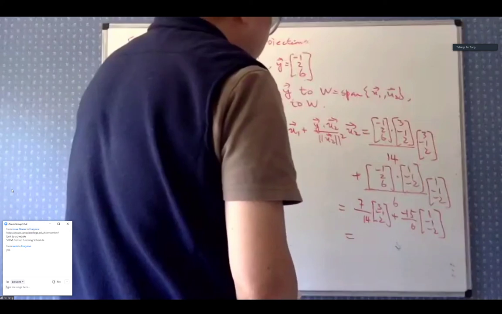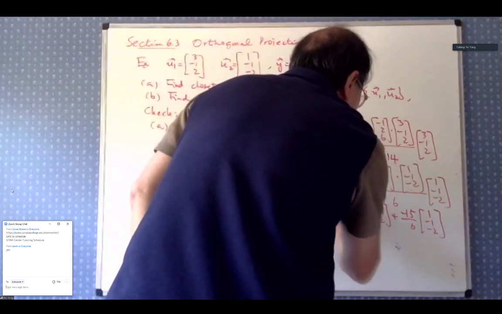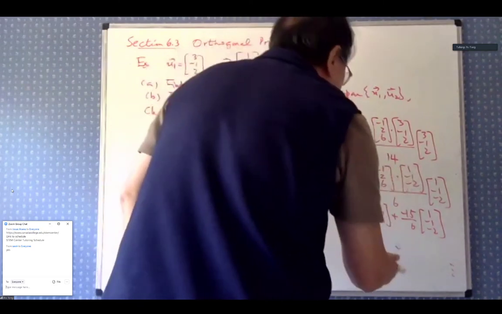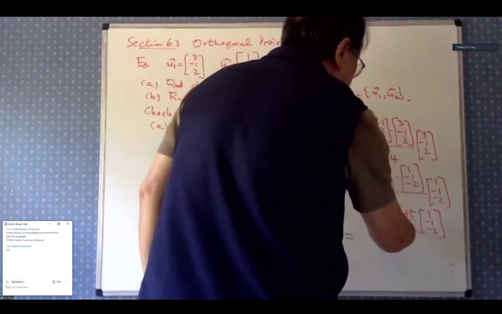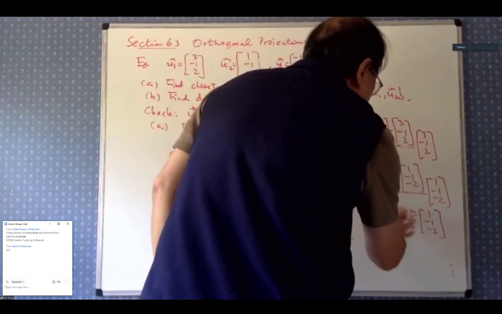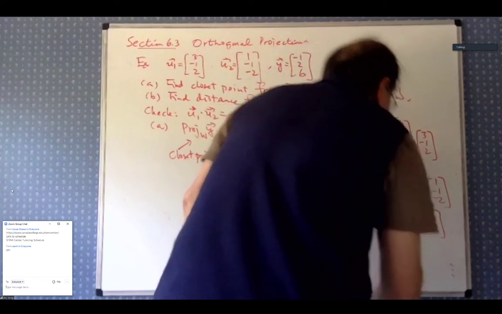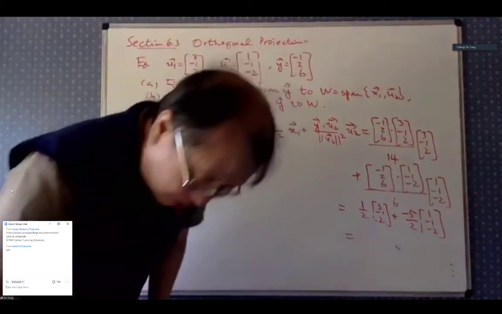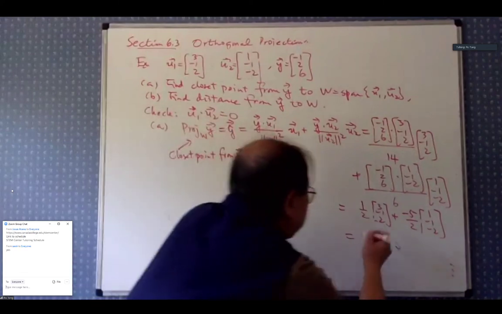Oh, 7/14, which is good. It's just 1/2. And this one is what? 5/2. Oh, this is not bad. It's a lot better than I thought. I was concerned with the square root, how to combine it.